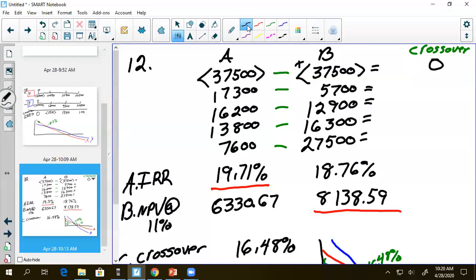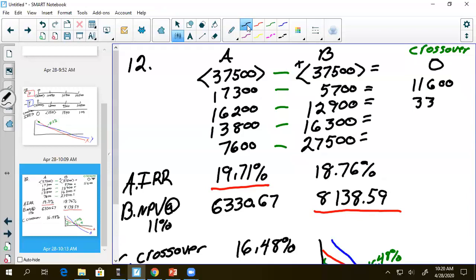Okay. So take the 17.3 minus the 5.7, and what do you get? Negative 11,600. Should be positive, right? Because this is positive. Yeah. So it should be 11.6, right? Okay. Now the 16.2 minus the 12.9, and what do you get? 3,300.